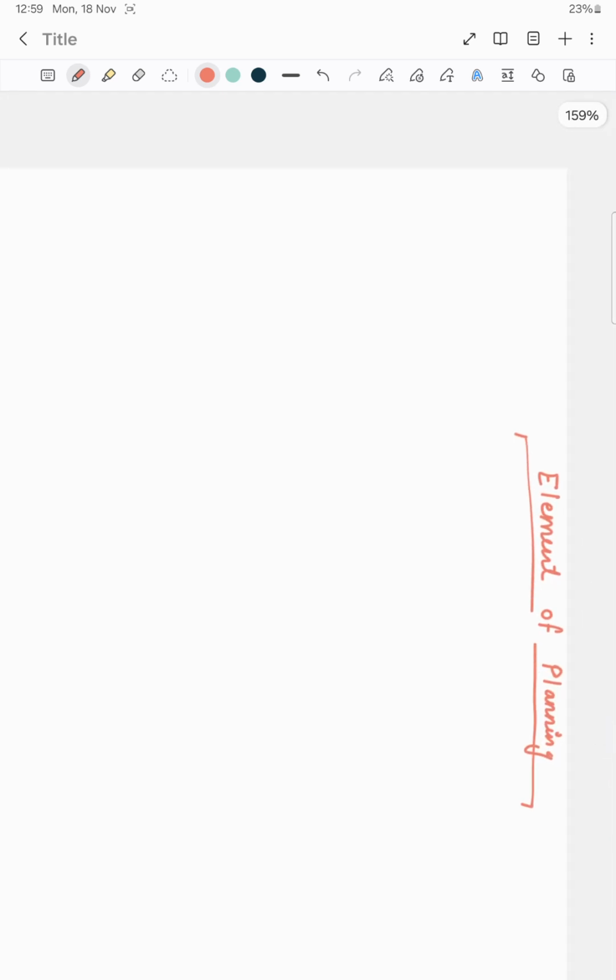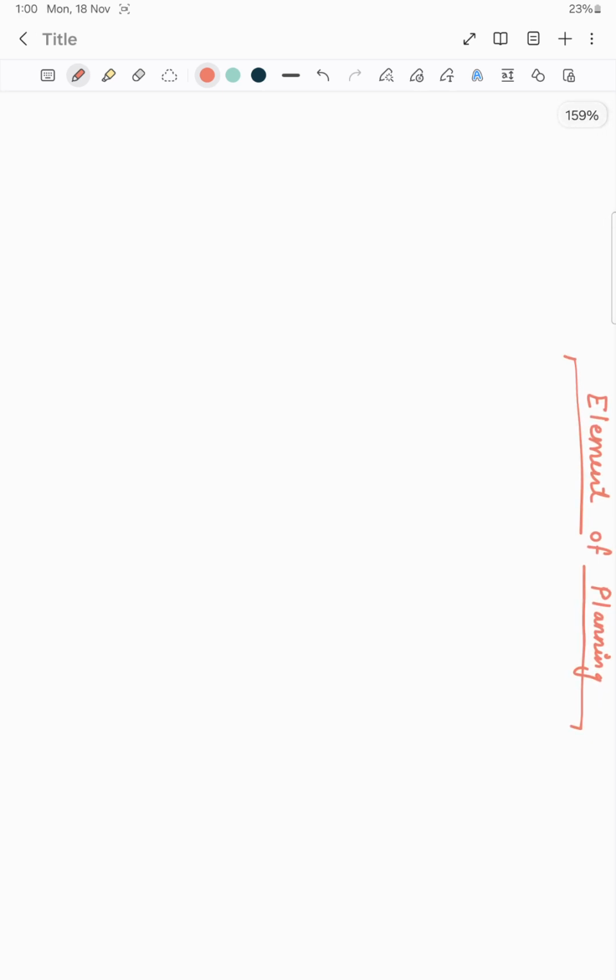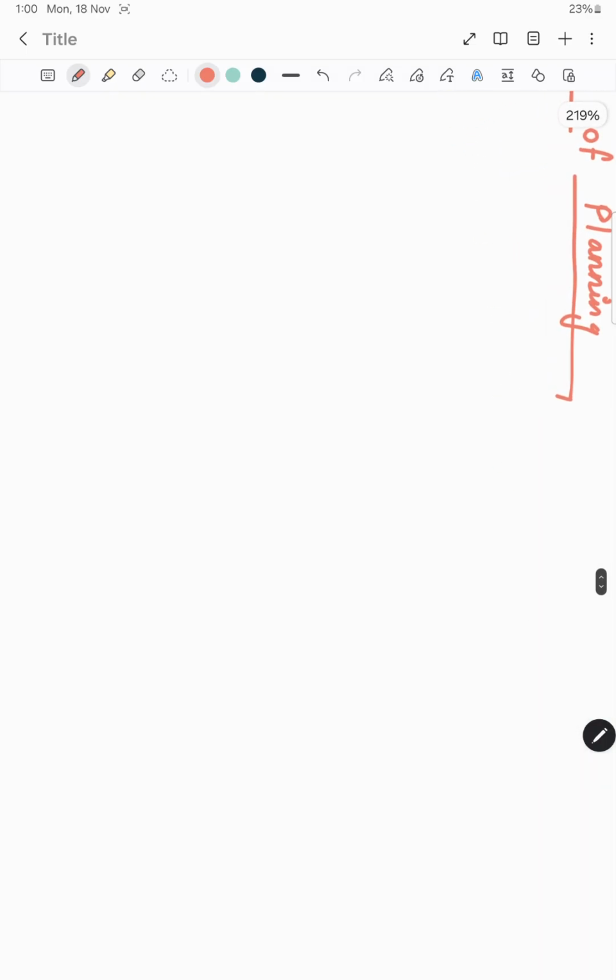Part 1 is preliminary engagement activities, and the other part is planning activities.